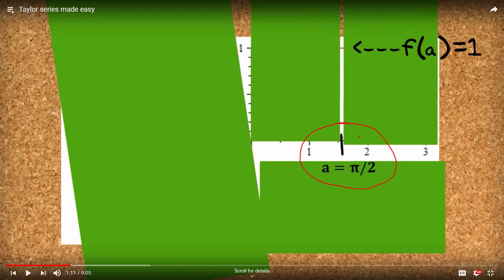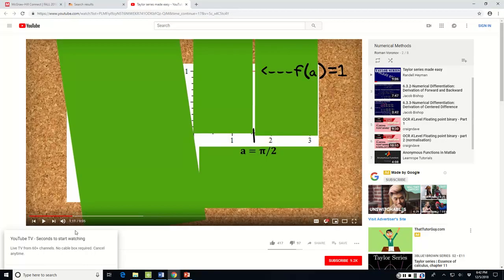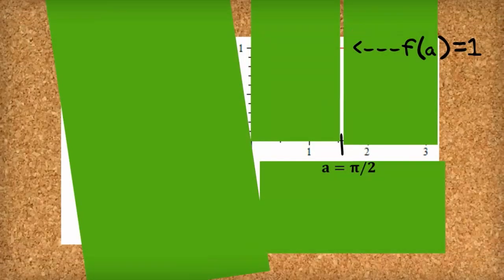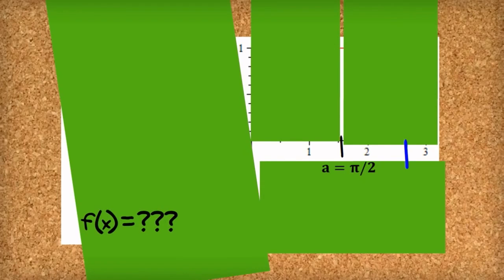So you know the x value and you know the y value at this location. Let's see what happens next. Now I'm prepared to reveal any sort of information I have about the function at that point to a group of primary and high school students. And the aim is that they are going to try and work out a formula for f of x.